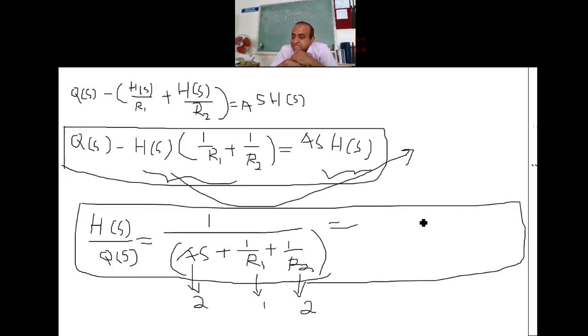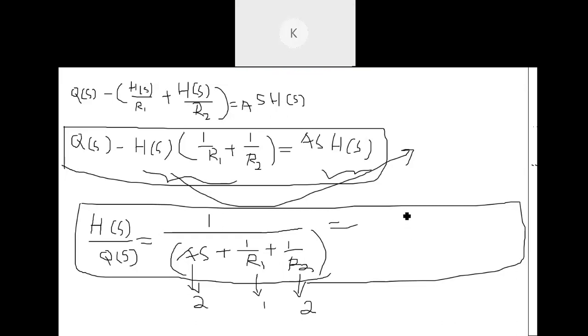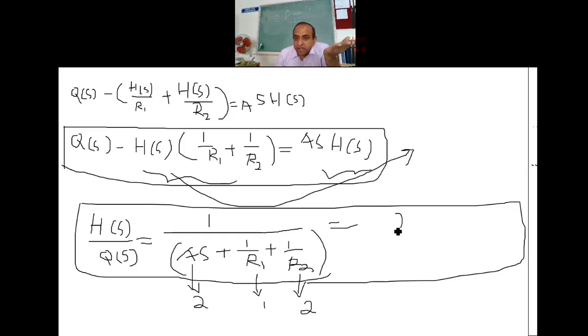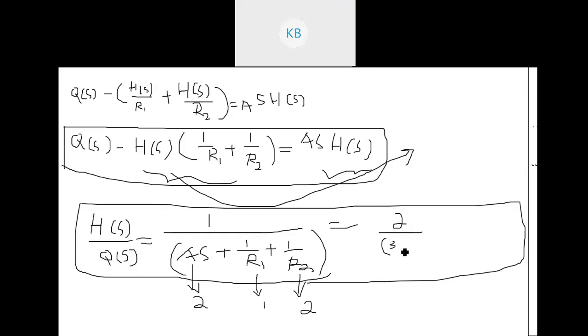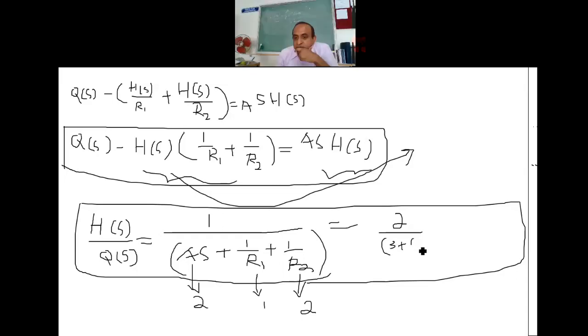Yes, anyone? 1 divided by 2s plus 1.7. No, if you are getting anything in the denominator, just push it in the numerator. 2 divided by something I got here. Two divided by 3 plus 4s.